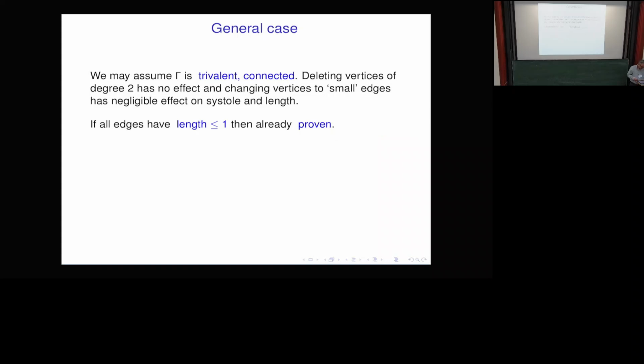And now I have already proven it if all edges have length less or equal to 1. That's fine. So now I'm going to use induction. This is a new idea of this proof. Before I did it in one stroke, but now we'll simply use induction, and I only care for big B, for big graphs, because my result is asymptotic, so I will start my induction at 5.